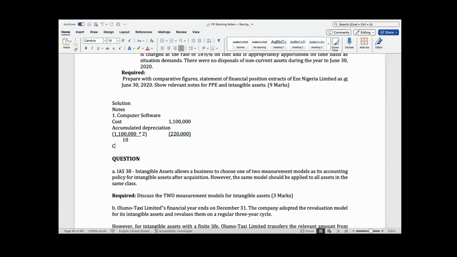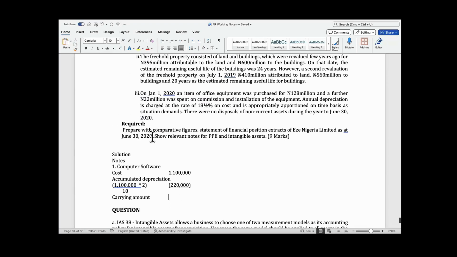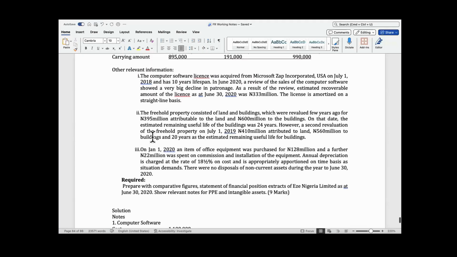So what's the carrying amount? When it was bought in 2018, supposed to be 2018, 19, 20. Not supposed to be 3 years. Count it again. When we bought something in 2018, July, and the year end is June 2020, year one will end in 2019.